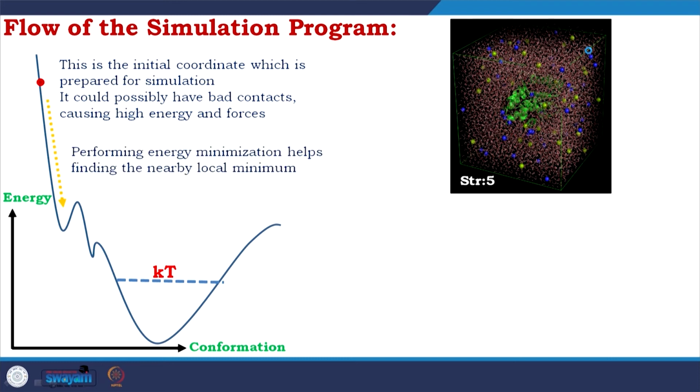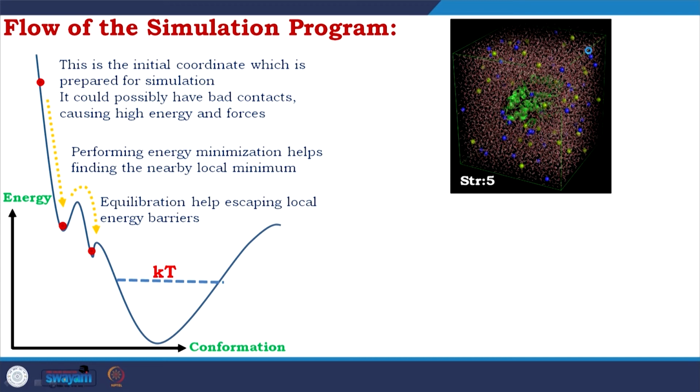So, we have to perform energy minimization, it would help find the nearby local minimum. So, if you perform minimization, you reach here. What next? From this local minimum to another local minimum, you need equilibration. We talked about ensembles.